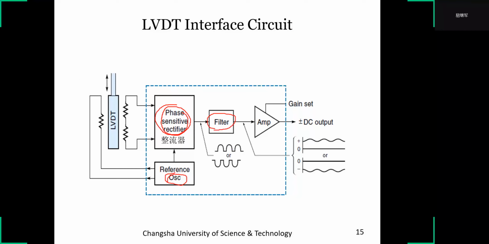The rectifier changes the current from alternating current to direct current. After the signal is filtered, the amplifier amplifies the signal, and it is output to some instrumentation or device.